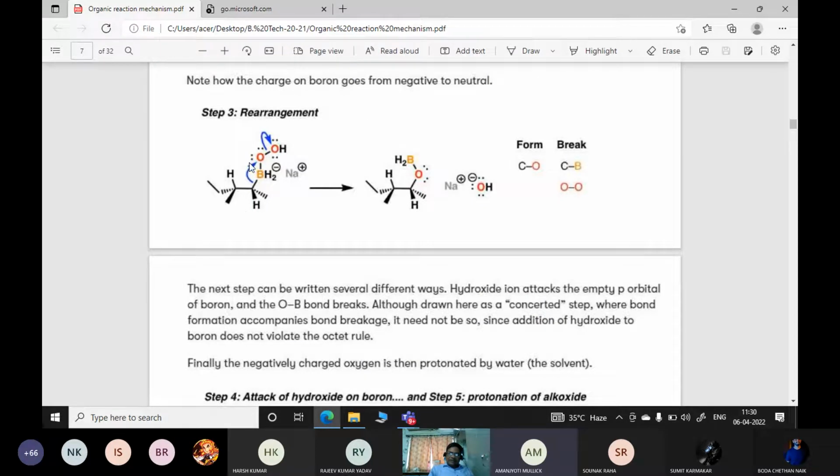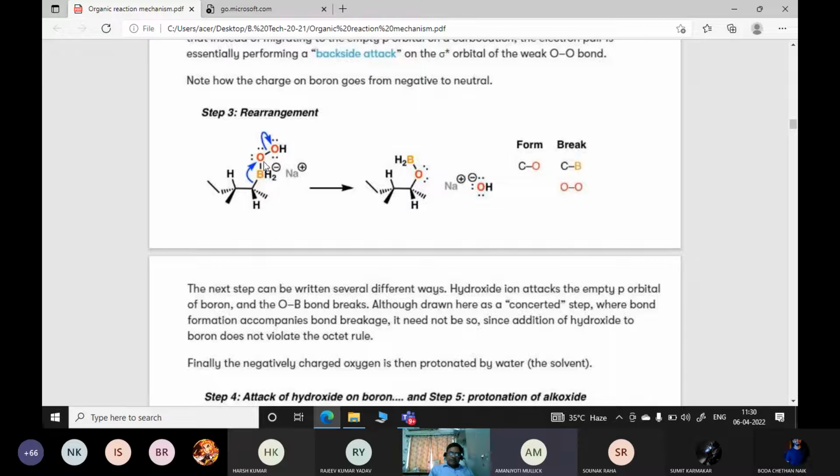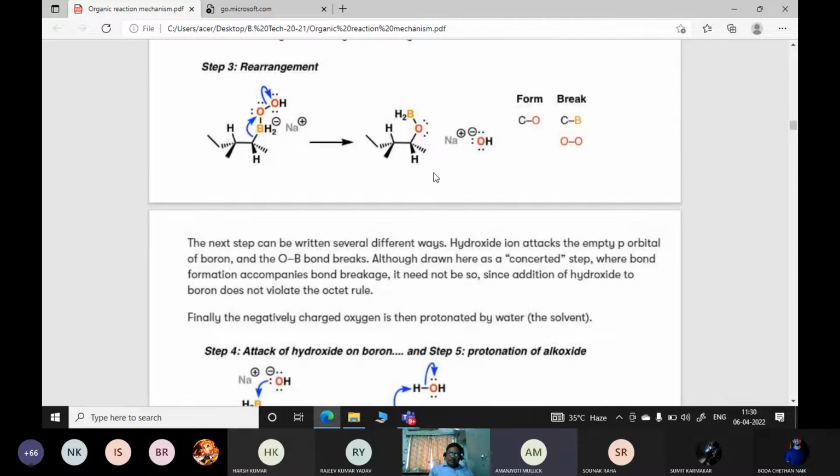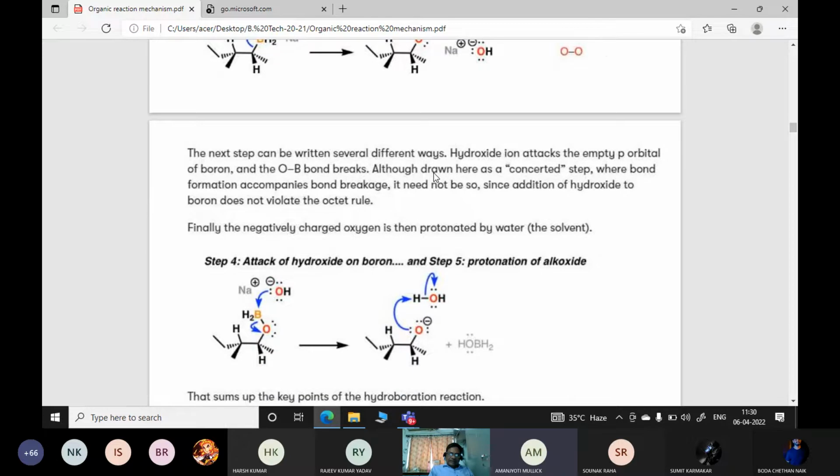When the alkyl group is shifted to this oxygen, you see here a new carbon-oxygen bond is formed, and the oxygen bond is breaking, as well as the boron-carbon bond is breaking. So two bonds are breaking and one new bond is making. This is the formation of the carbon-oxygen bond, followed by hydrolysis, which gives the corresponding boric acid as well as the corresponding alcohol.